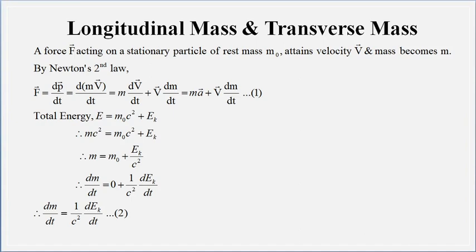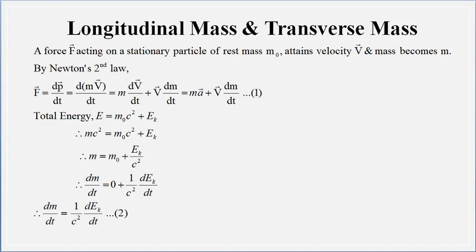Its mass is m0. We have seen yesterday that when the body is moving, its mass becomes more, and the more the velocity, the more the mass. So the body has the minimum mass when it is at rest.